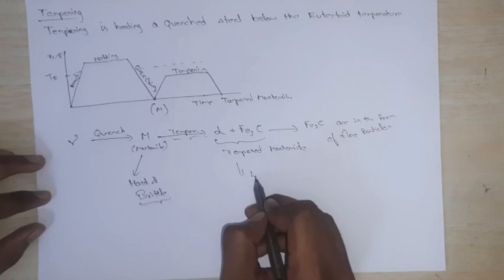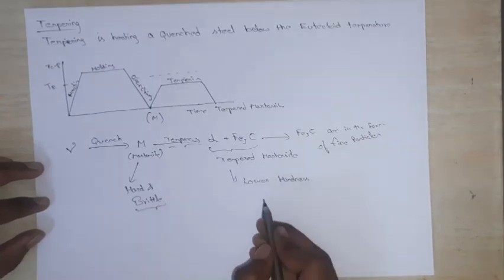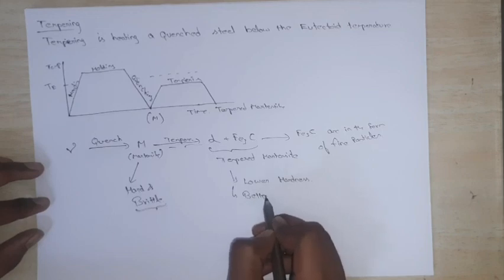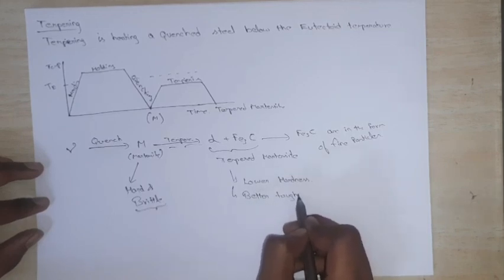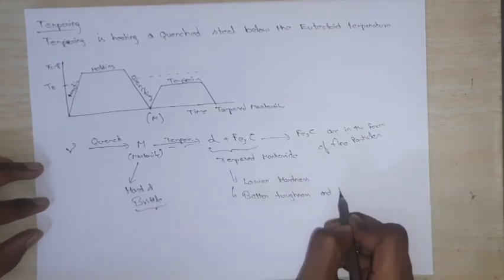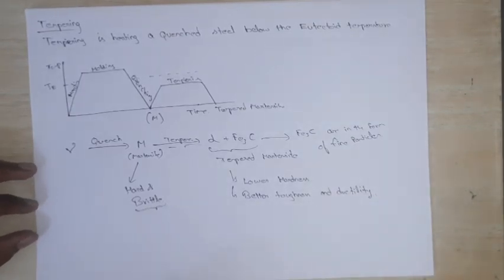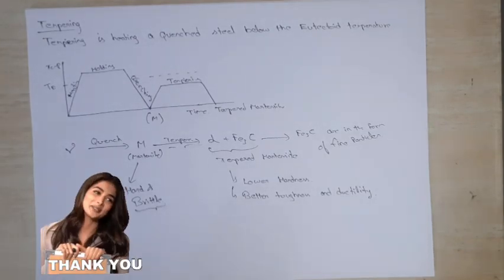Here the hardness will be somewhat lower, but sufficient, with better toughness and ductility. So these are the different microstructures of carbon steel. That's it.